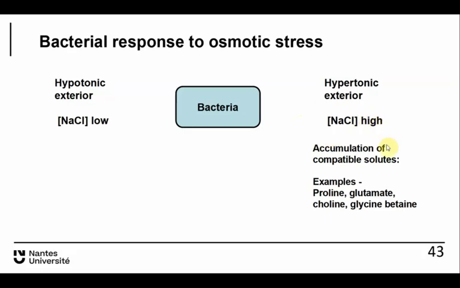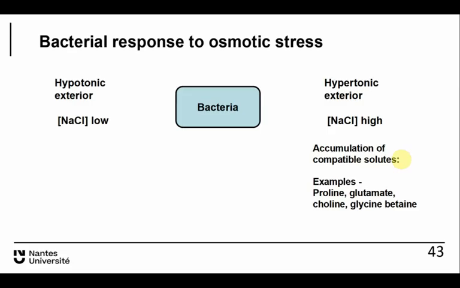So the way that many bacteria respond to this is by accumulating or increasing the intracellular concentration of what are called compatible solutes. And these are small organic molecules that have a charge, so they have some kind of ionic strength as the concentration increases.